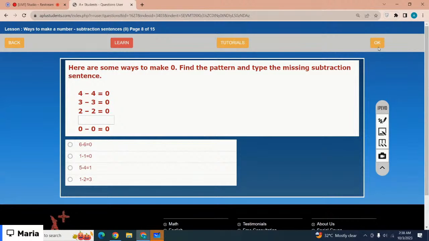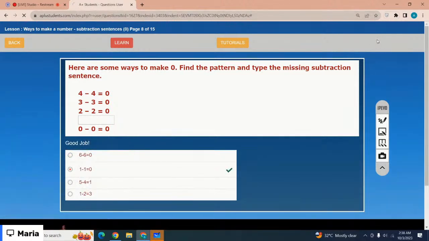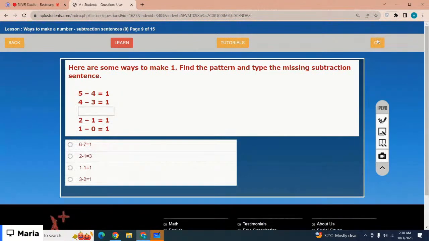Here are some ways to make 0. Find the pattern and type the missing subtraction sentence. So how do you make 0? That would be 1 take away 1 equals 0. Here are some ways to make 1. Find the pattern and type the missing subtraction sentence.